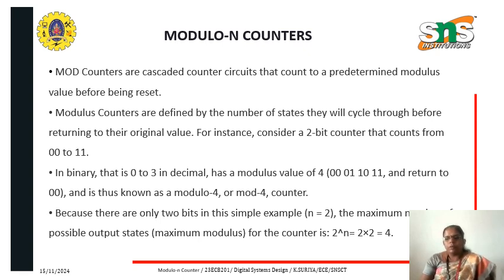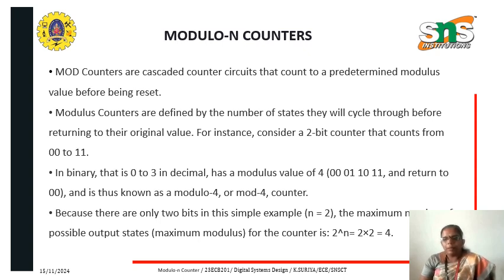Because there are only 2 bits in the simple example, n is equal to 2, the maximum number of possible output states for the counter is 2 power n, which is equal to 2 times 2, that is equal to 4.